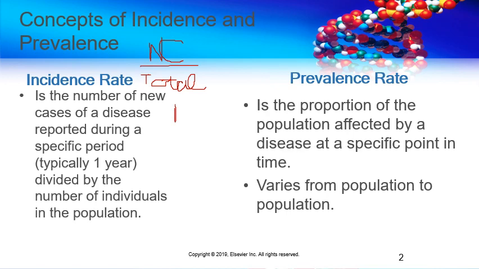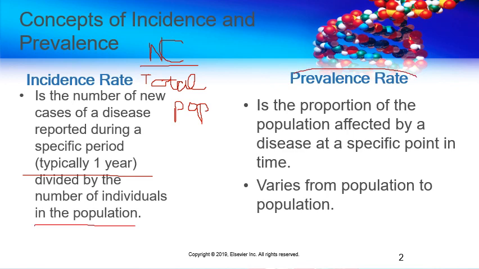And this specific period is usually within a year, okay? So that's our incidence rate: the number of new cases of a disease divided by the number of individuals in the population.